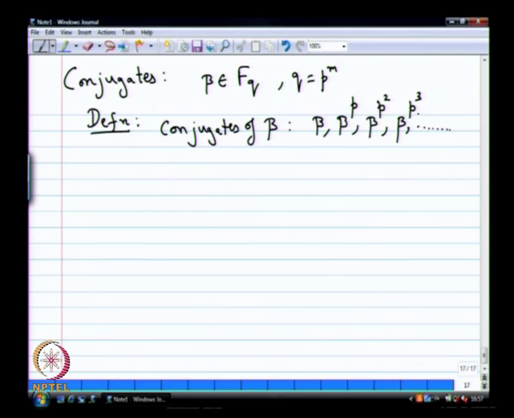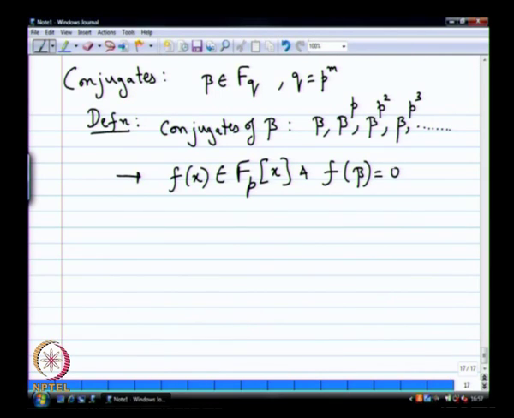So, why is this conjugate interesting when I look at minimal polynomials? This is the reason. Why do the conjugates play a role? If you have f of x belonging to Fp[x] and f of beta equals 0, this implies f of beta to the power p power i is also 0.